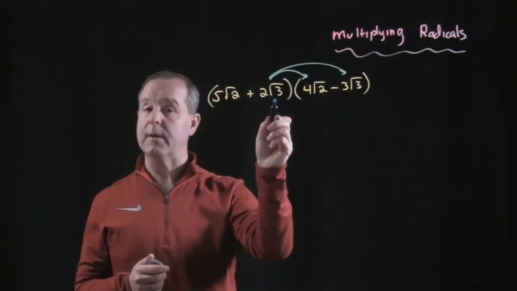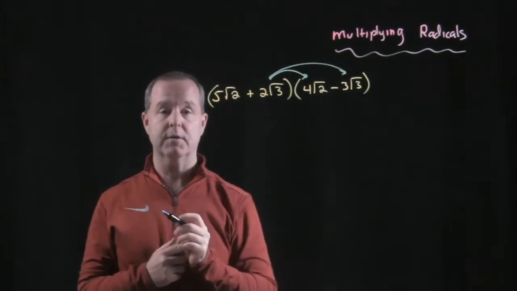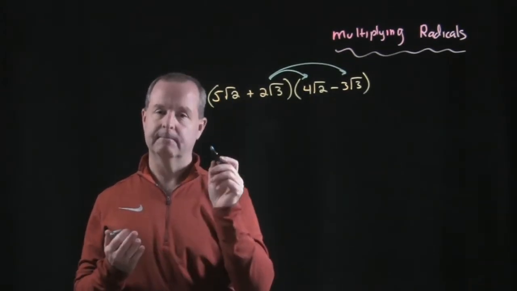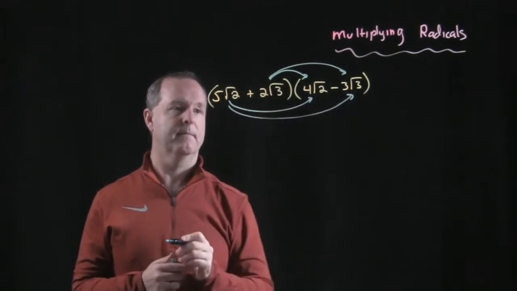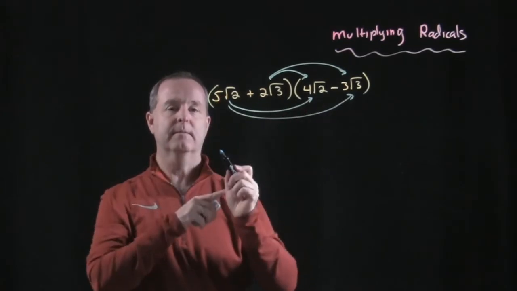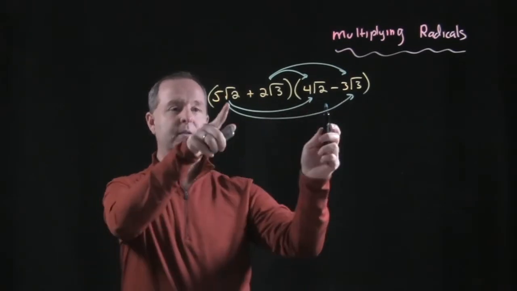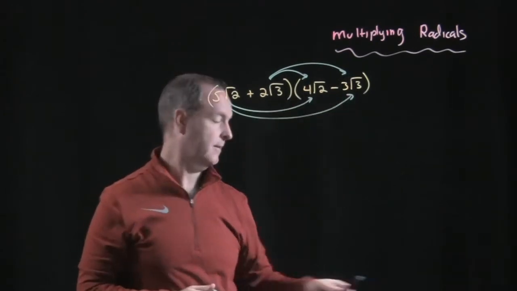So the 2 root 3, just like we've done before, gets distributed to both of those terms. And this other term, we have to make sure it gets distributed to both of those terms. So we have my first times my first, my outers, my inners, and my last.